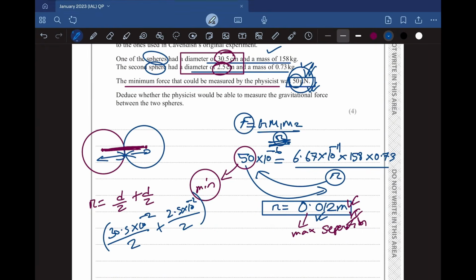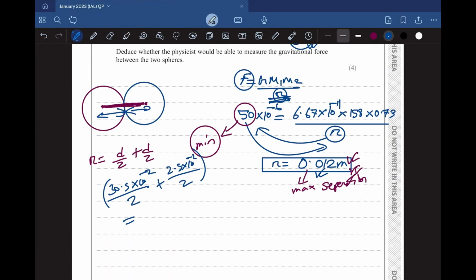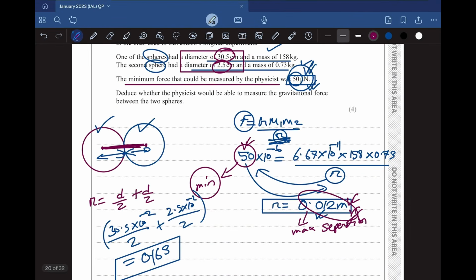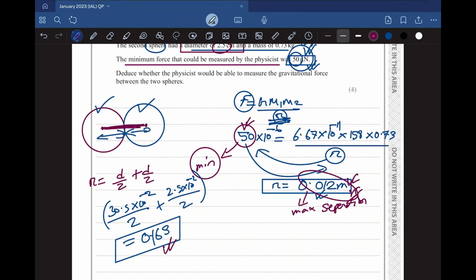So this will give us the maximum separation that is happening, which is 0.165. Now this is basically the separation between the two spheres, but the maximum separation that can be allowed is 0.012 if the minimum force is this much. So for this minimum force, the maximum separation can be 0.012, but actually the separation is 0.165.